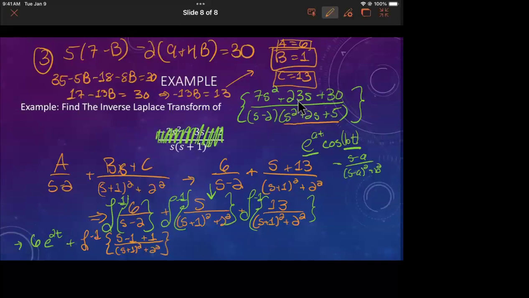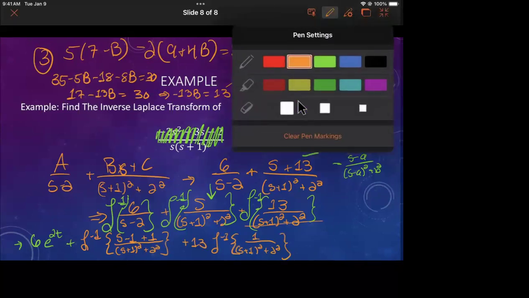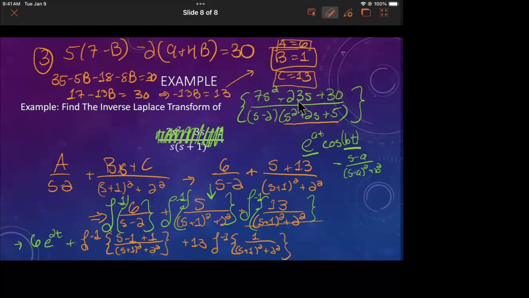And we have this other term too, so it'll be plus 13 times the inverse Laplace transform of 1 over s plus 1 squared plus 2 squared.